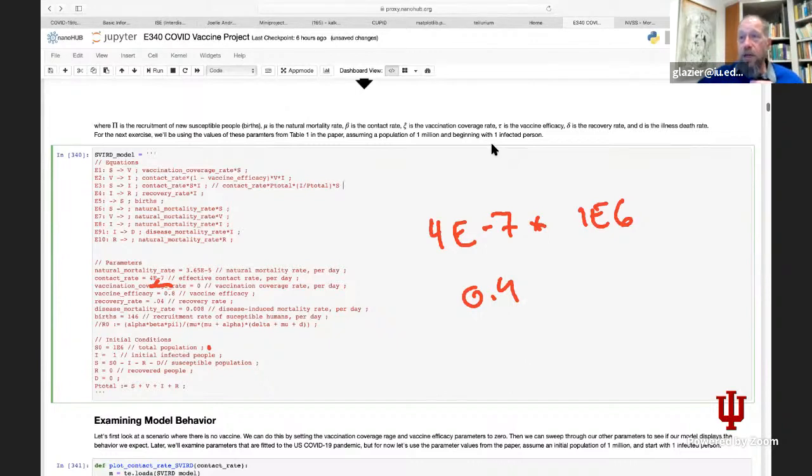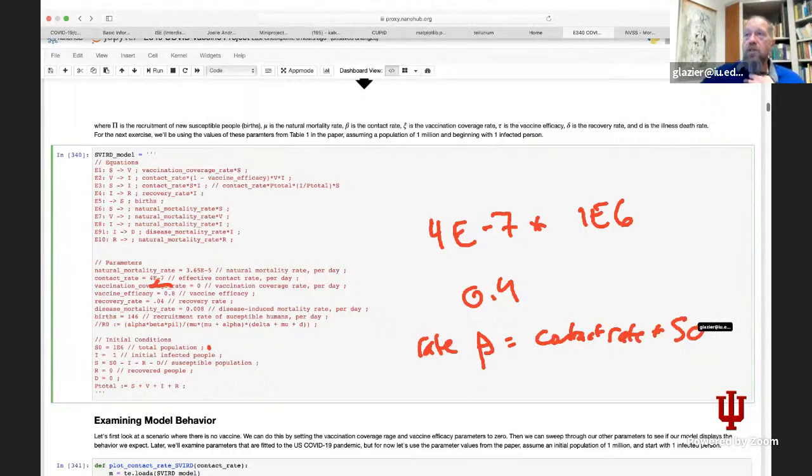So I would write it this way. I would say that the rate, which we call beta, is equal to whatever they said, the contact rate, times, you could either use the current total population, which is really better, or the initial one, S0.